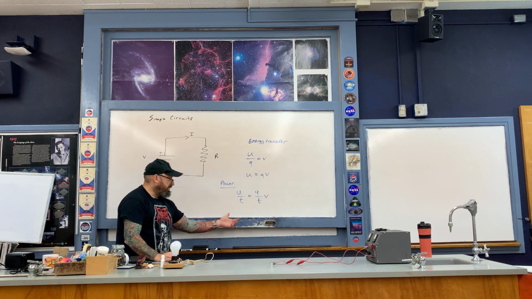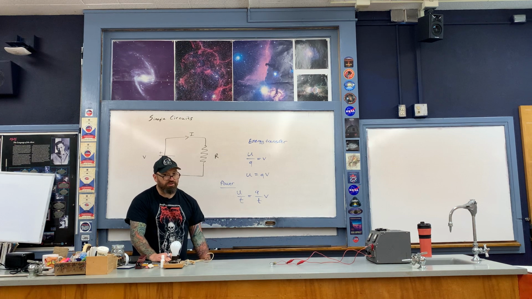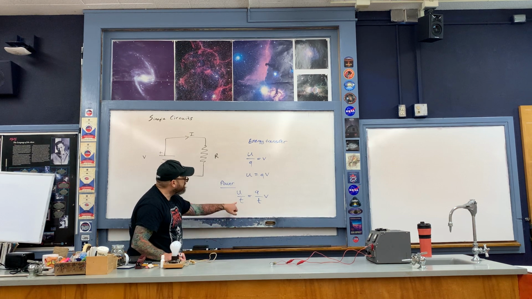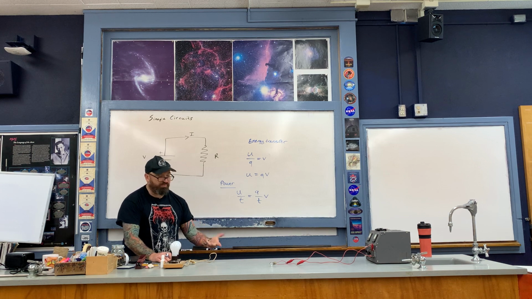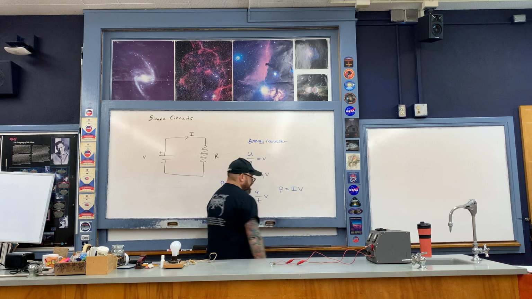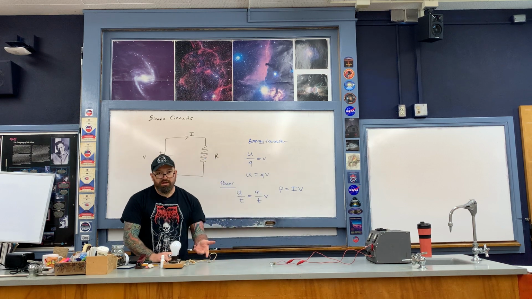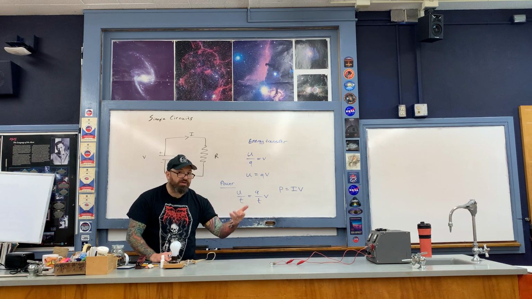Like so. And then notice right here, charge over time, we now have the conventional current I. We then rewrite the left-hand side of the expression here simply as the power P. P equals I times V. This quantity here is referred to as the power, the energy per second that is delivered by the battery.